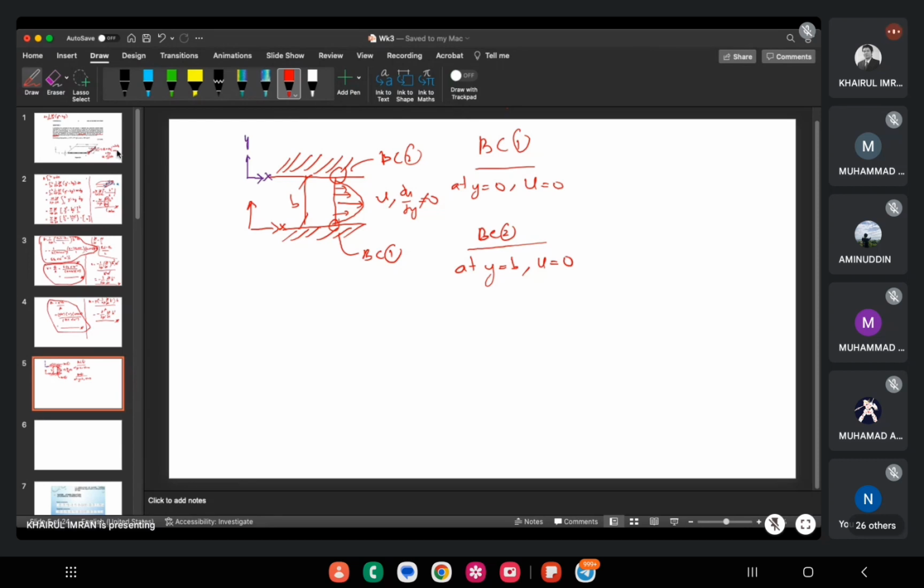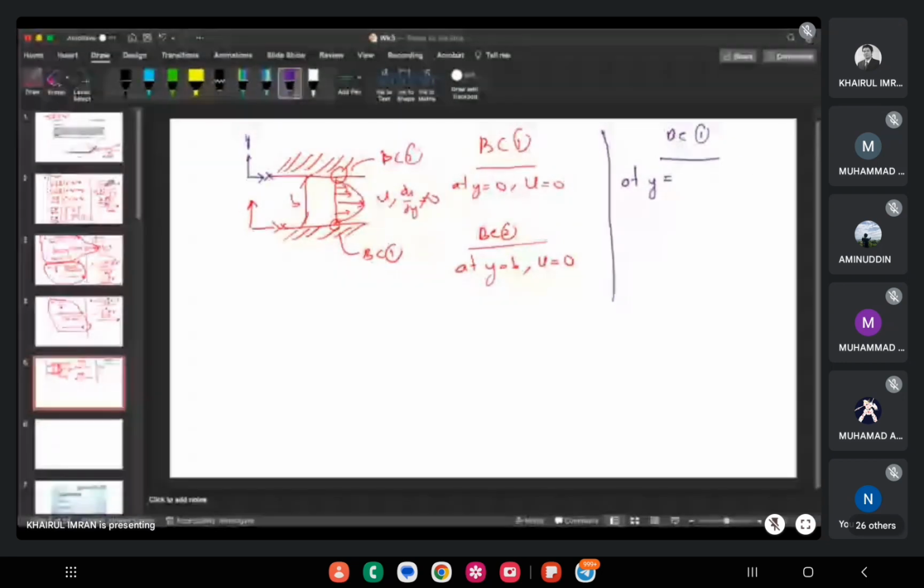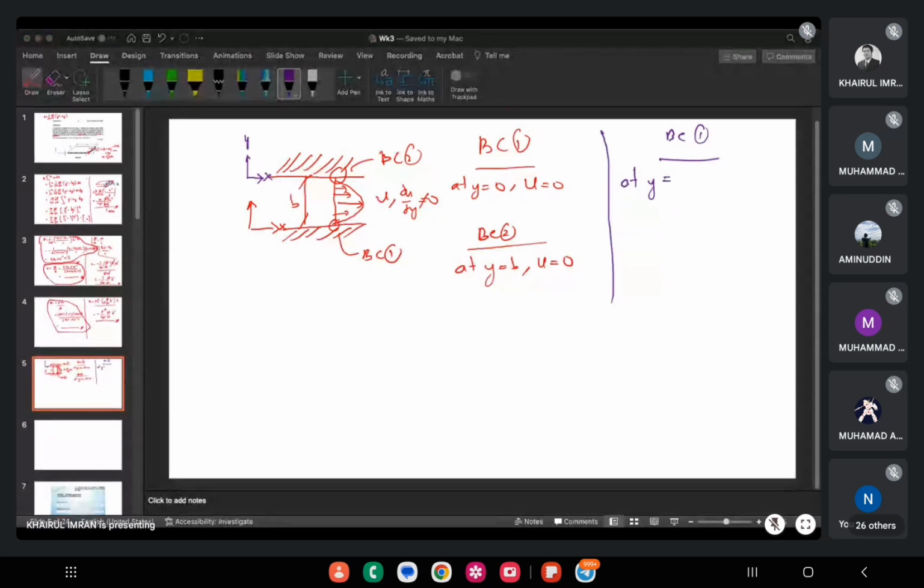So I change the color to purple. Okay. So BC1 now becomes what? It has a difference, not the same. So at Y equals to what?